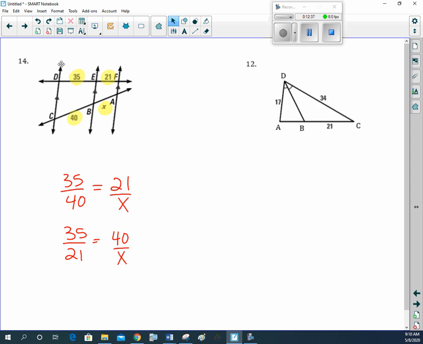Okay, let's do one where we go right to left and bottom to top. So let's say I go x to 21. Then since I started with the bottom, I got to go 40 to 35.